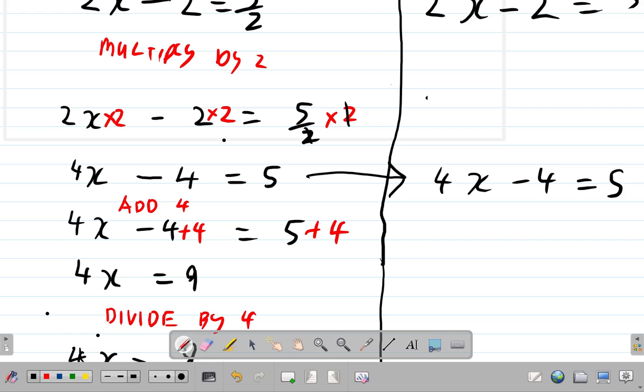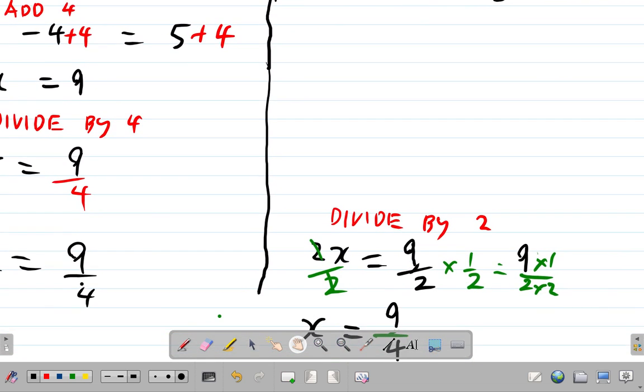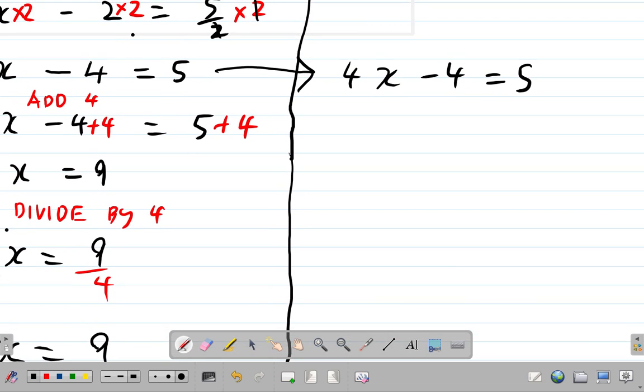You say, could you divide by 4? You could. You could divide by 4. Right? Suppose we did that. What would happen? You would have a case where we divide by 4 here.